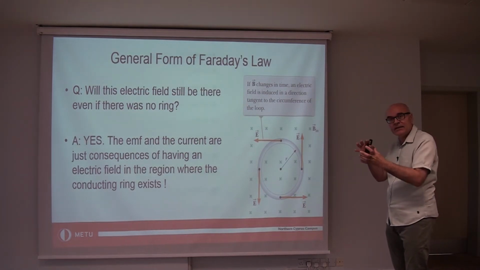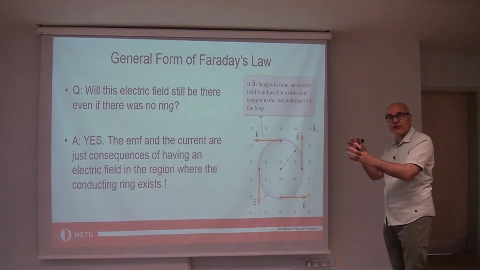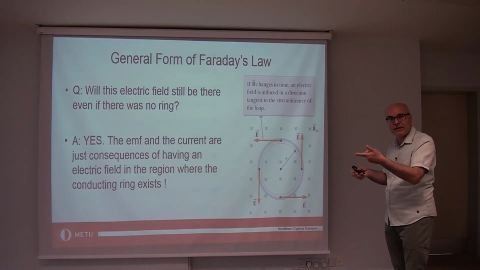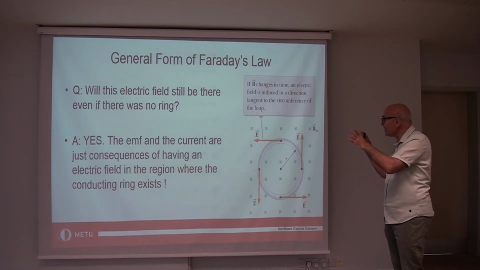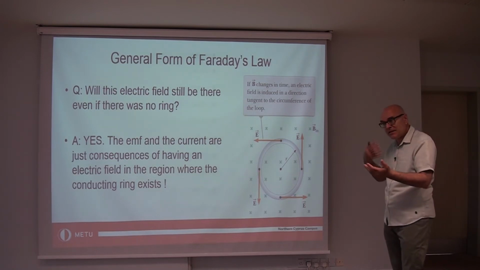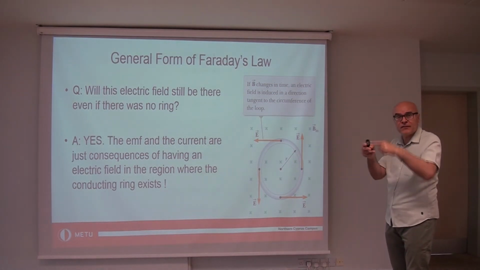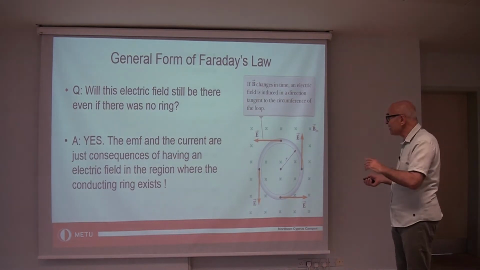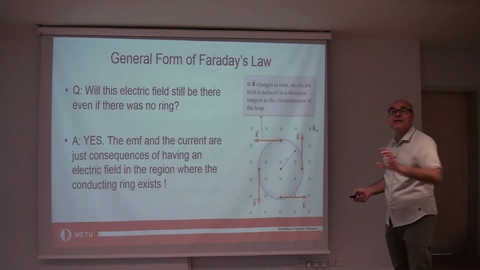You have a field, and there was a ring with free charge carriers, they felt the field, the electromotive force was generated, and we had a current. But actually the field existed there. The ring cannot generate the electric field, because it is the presence of the electric field and of charges feeling this electric field that caused the electromotive force and the current. Therefore, that electric field will still be there, in the same manner, even if that ring did not exist.